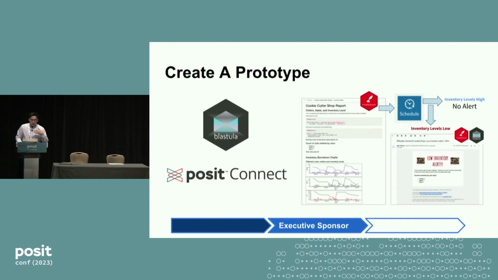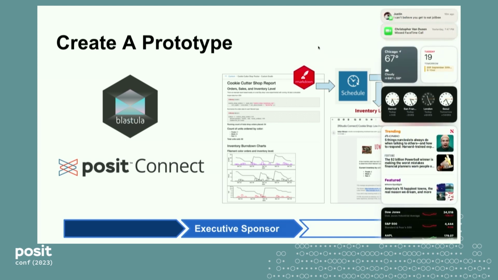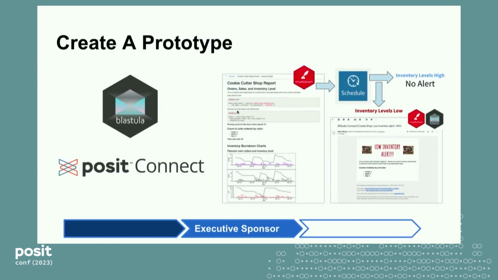And then what I was able to do in terms of my prototype was I leveraged the Blastula package to generate programmatic emails. An example here is a report, or R Markdown report, of a fictitious cookie cutter company where you can send emails of cookie inventory daily, weekly, hourly, however often you like.